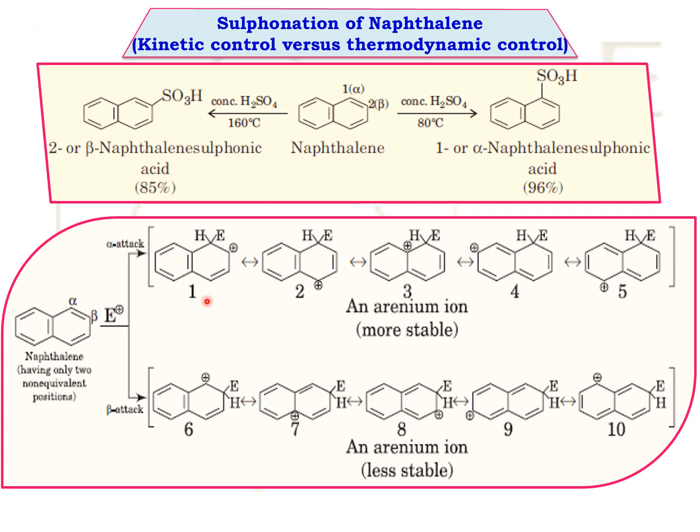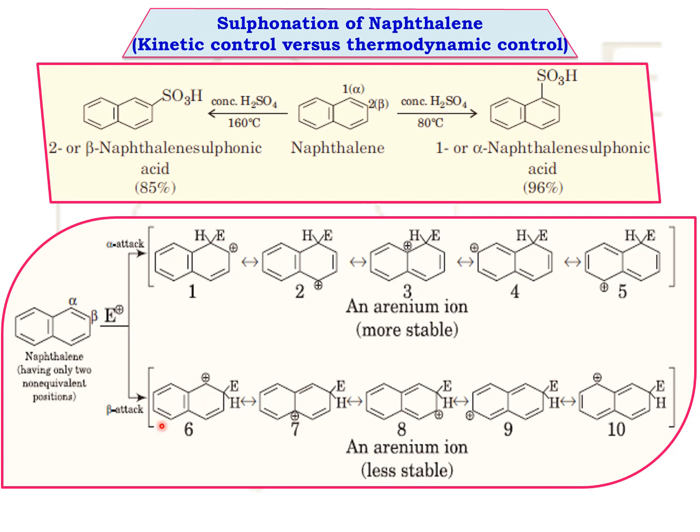Because in case of 1-naphthalene sulfonic acid formation, in these structures 1 and 2 only, it retains its aromatic character. But in the other structures 3, 4, 5, both the rings have lost their aromaticity.